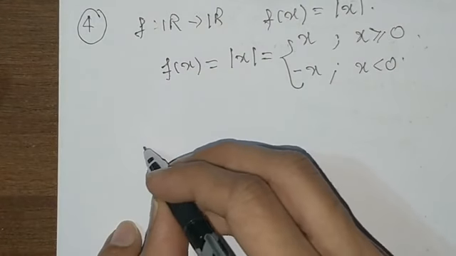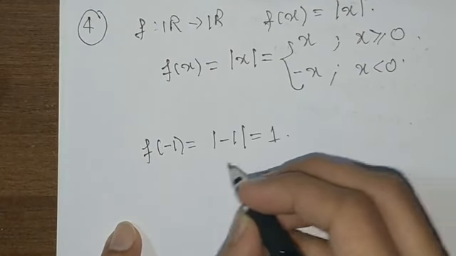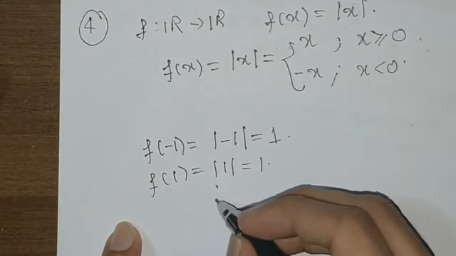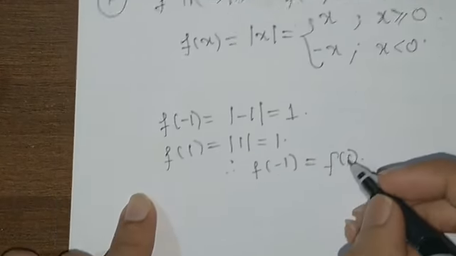So you can see that f of minus 1 is mod of minus 1, which is 1. Also f of 1 is mod of 1, which is 1. So therefore what you get is f of minus 1 is equal to f of 1.